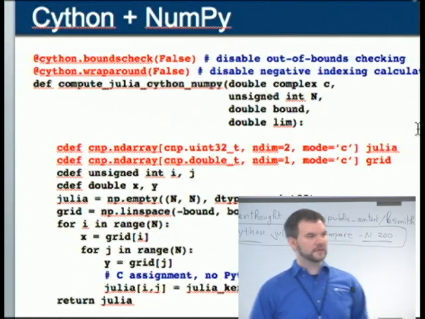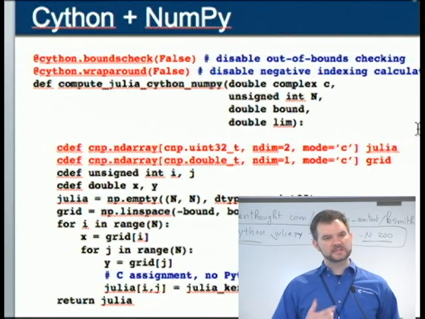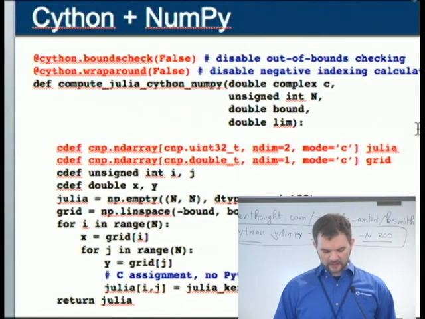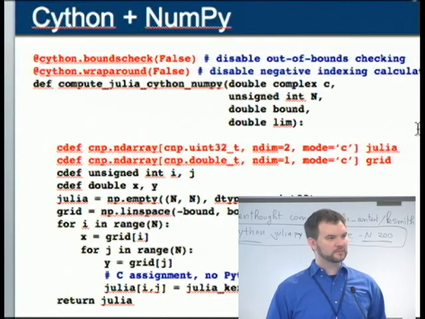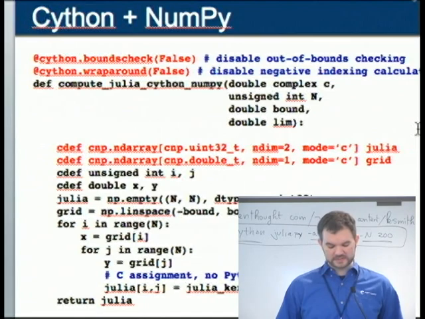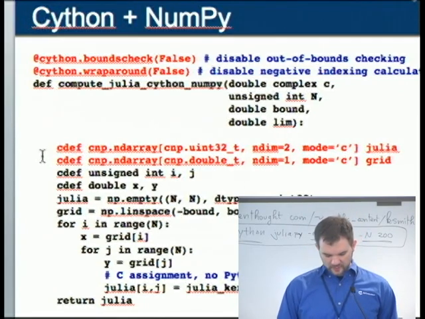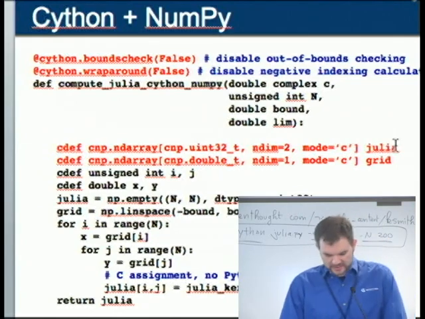But I encourage you offline, if you want to, do the same operation: pull open the Julia Cython.pyx file, and inside of there, there's a NumPy version of our compute Julia function, and you'll be adding in this typing information. Here we're typing our NumPy arrays, and the way you do that in Cython is with this somewhat funny syntax.